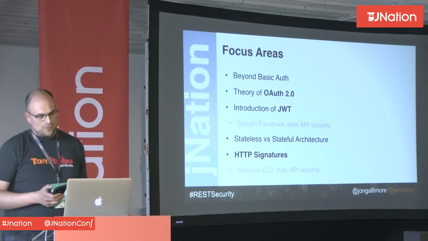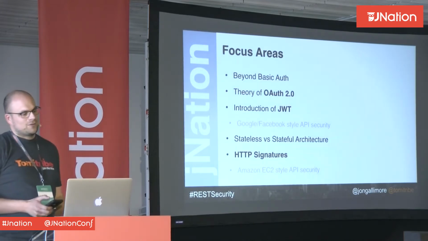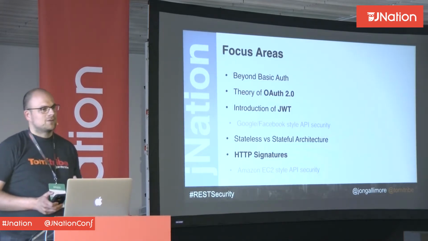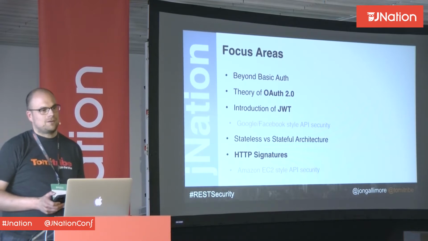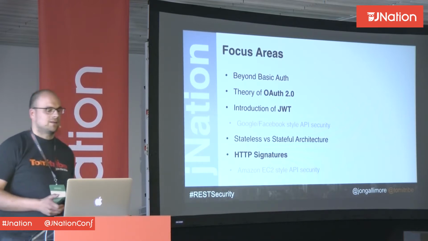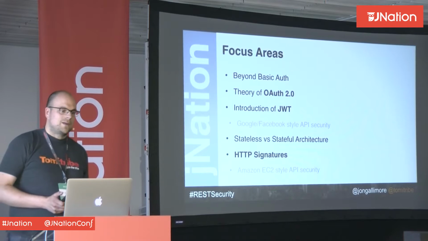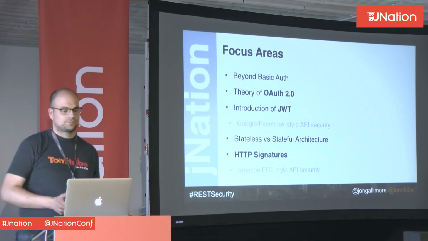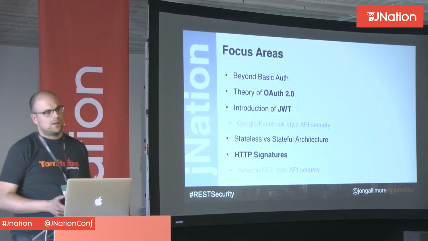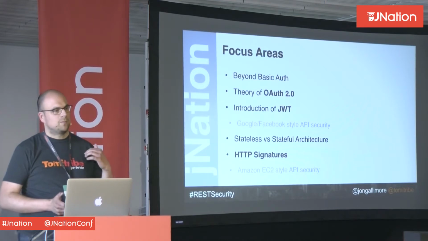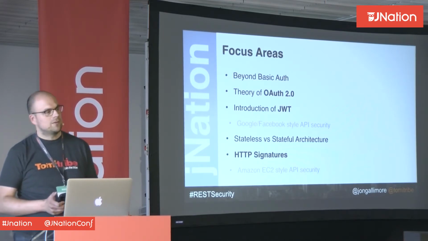So what I'm going to do in this talk is just talk about a couple of different things that we've looked at on our journey. So we're going to take a look at where we are with basic auth, look at OAuth, and then we're going to build on top of that using JSON web tokens.